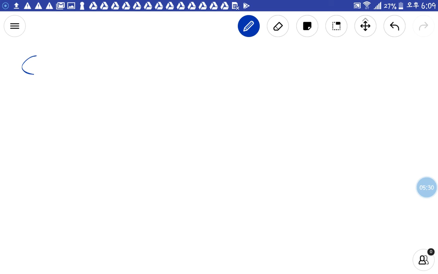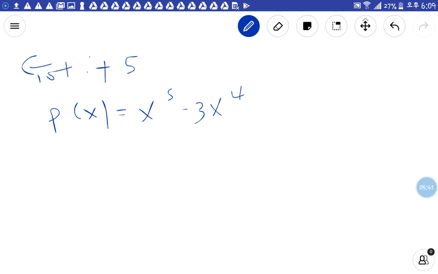All right, Got It 5. Given that p of x equals x to the 5th power minus 3x to the 4th power minus 28x cubed plus 5x plus 20. What is p of negative 4?